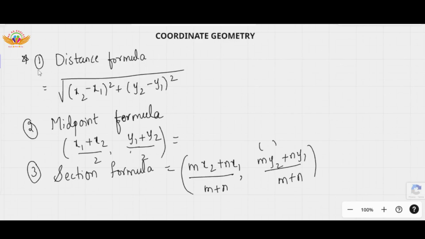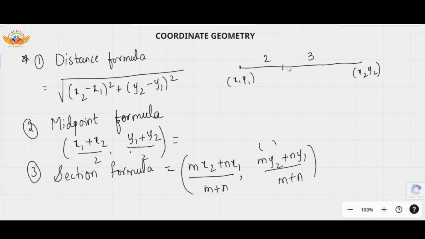If I take a line which has the first point as x1, y1 and another point x2, y2 over here, and this line is divided in the ratio 2:3, the first part is 2 parts and the rest of the line is 3 parts.